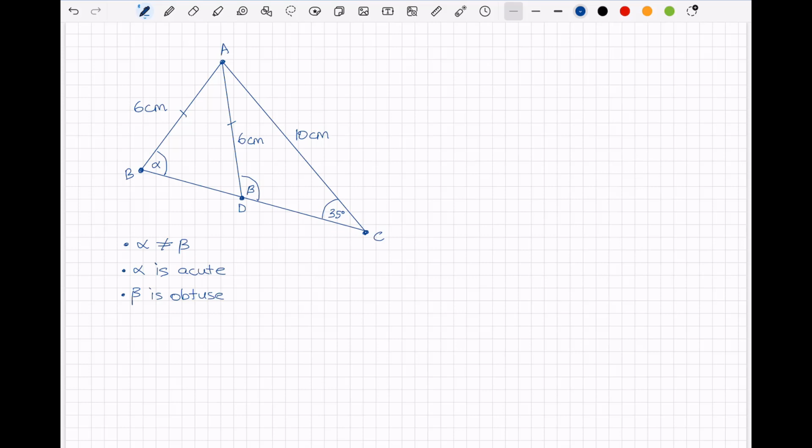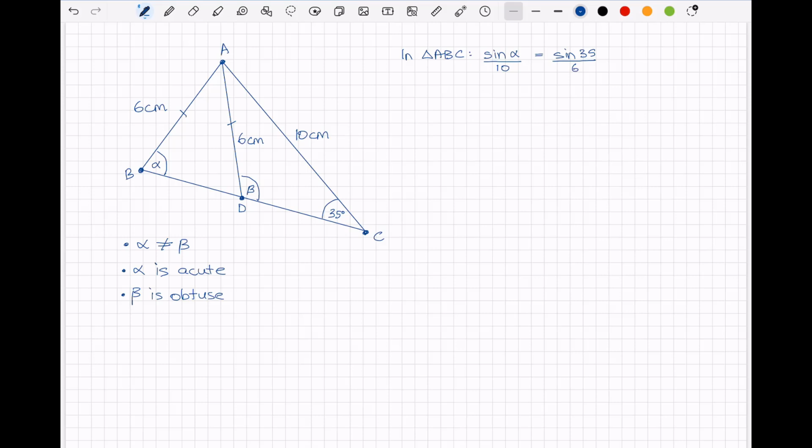To find alpha, we can use triangle ABC. In triangle ABC, we can say that sine of alpha over the length of the side opposite alpha, being 10, is equal to sine of 35 divided by the length of the side opposite 35, which in triangle ABC is 6.